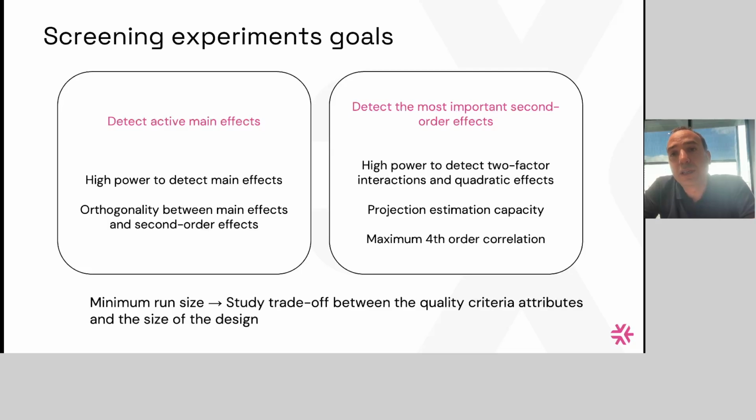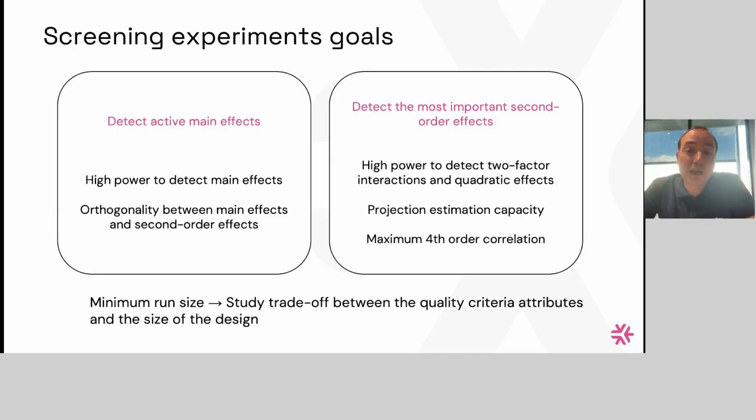Second, you want to detect the most important second order effects. So you need a high power to detect the two-factor interactions and quadratic effects. You also would like to have a high projection estimation capacity. What is this concept? This gives you an idea on how good the design will be for optimization, because with OMARS designs you can do screening and optimization at once.